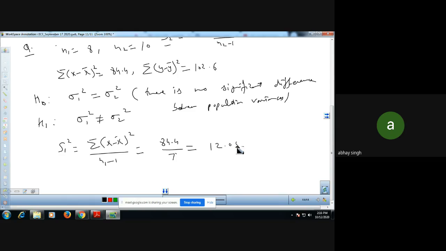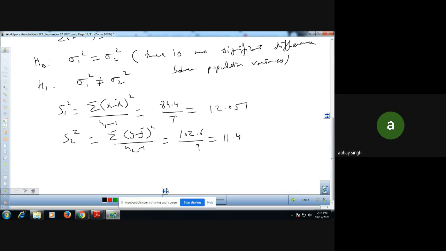Ultimately it comes out to 12.057. Similarly, s2 square is summation y minus y bar square over n2 minus 1, so 102.6 divided by 9, which is 11.4. So these are the values of s1 square and s2 square.